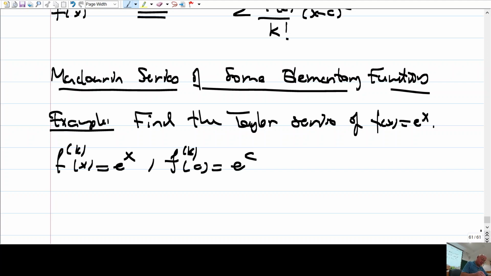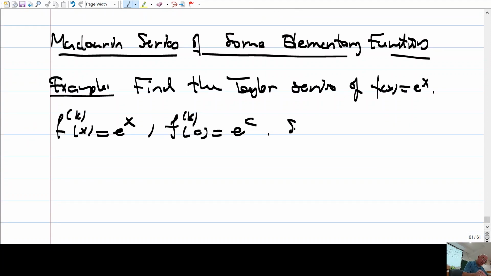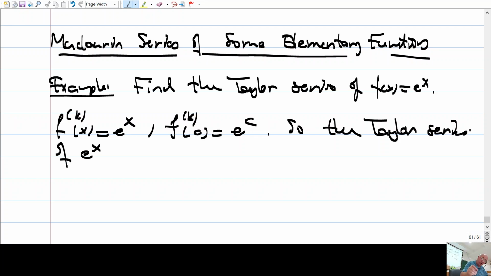So the Taylor series of e to the power x about x equals c is what? What is the Taylor series?